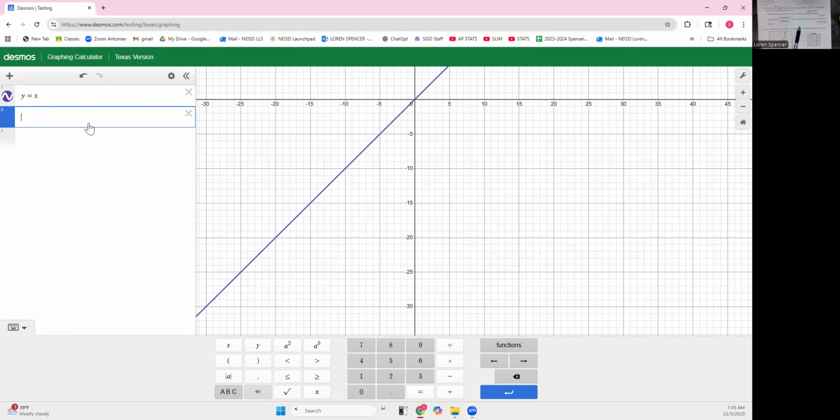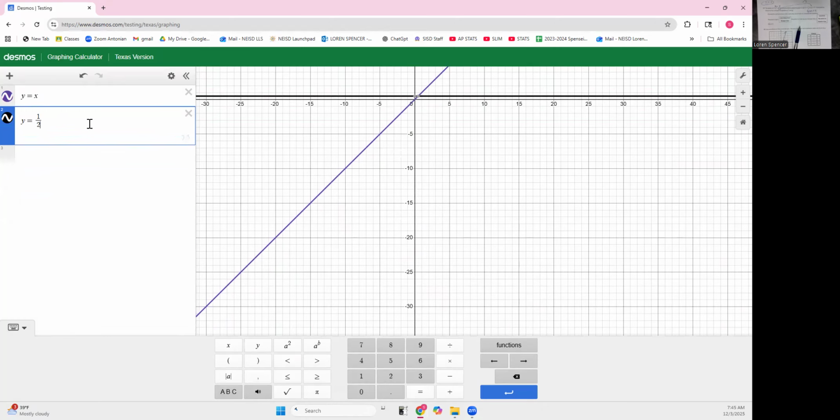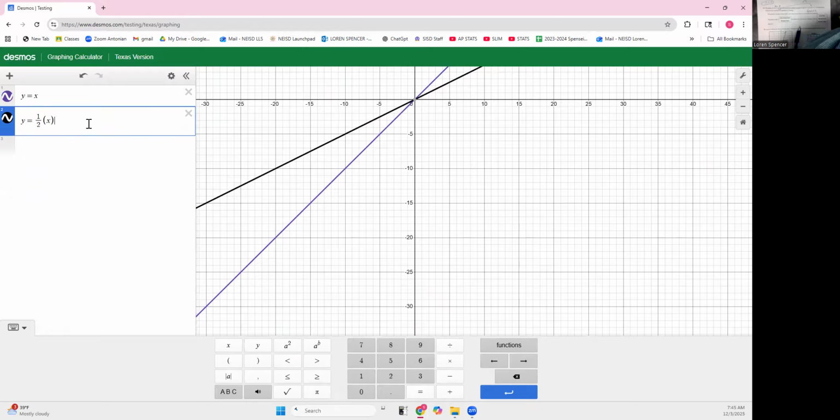And then the next one, I'm going to plug in y equals 1/2 parenthesis x plus 3. And it looks like our new equation is in black.